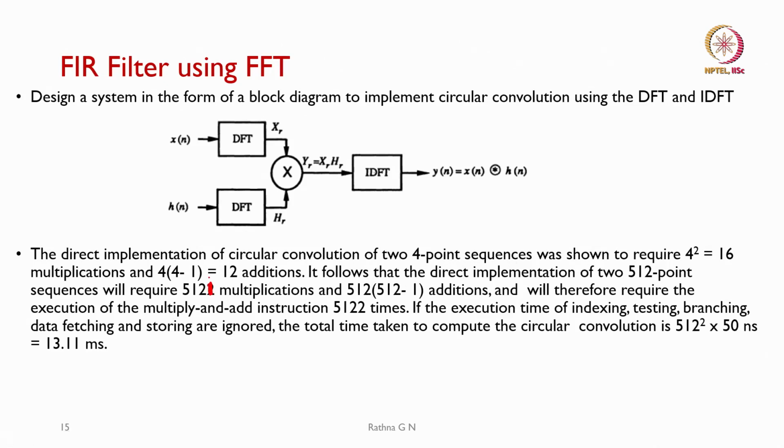So, here we will require 512 squared multiplications and 512 into 512 minus 1 additions for the direct method. We can do the add instruction as 512 squared basically. So, 512 squared into 15 nanoseconds is going to be 13.11 millisecond, what we needed.